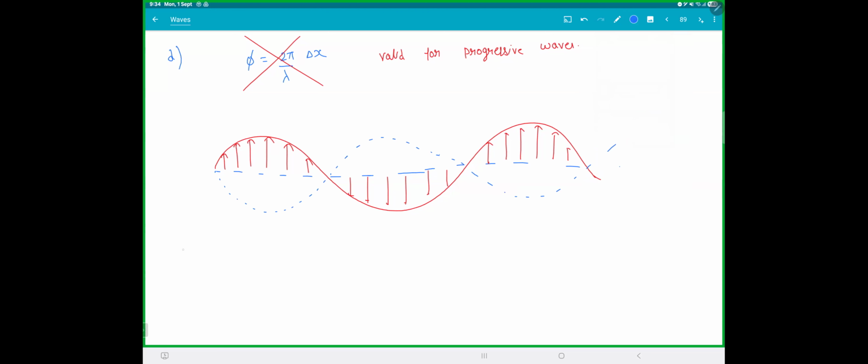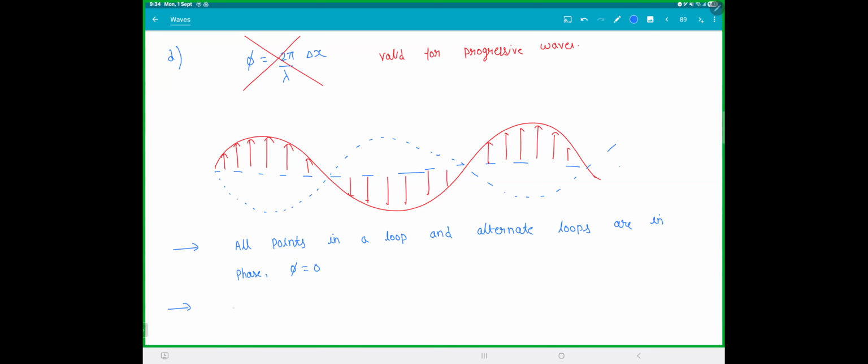So all points in a loop will go up together and come down together. They'll have a phase difference of 0. All points in a loop and in alternate loops are in phase, so the phase difference is 0.